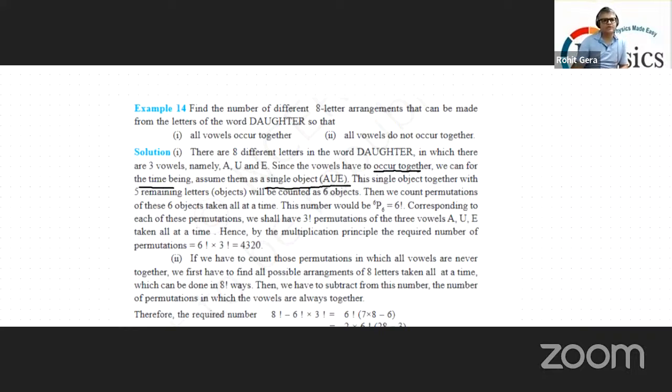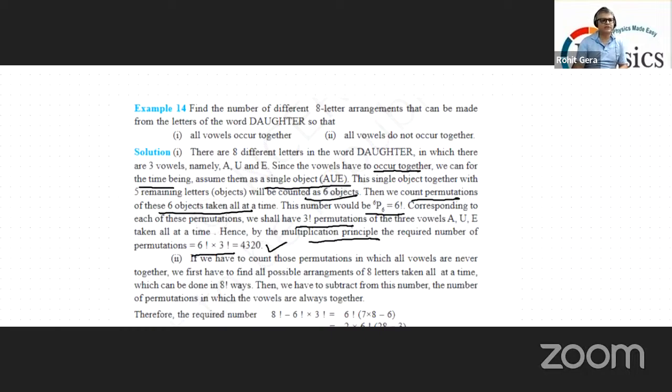The single object together with 5 remaining will be counted as 6 objects. Then we count permutations of these. So permutations are 6 factorial. Corresponding to each of these permutations, we have 3 permutations of AEU, right? Hence, by the multiplication principle, the total number of permutations is 6 factorial into 3 factorial.